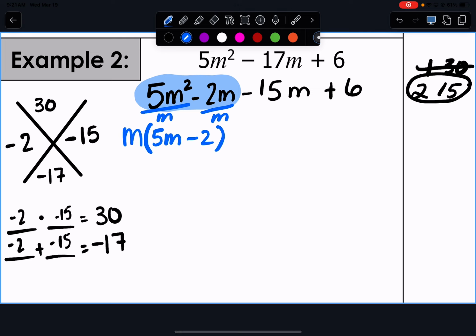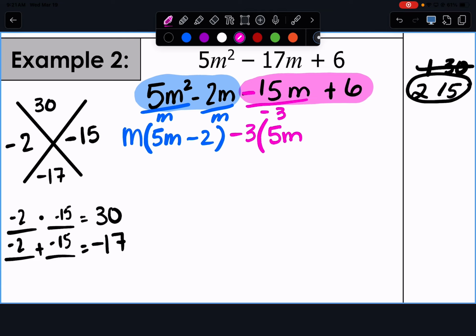For the second half, we have negative 15m plus 6. What is our GCF? Not just 3, but we need to take out a negative. If we have a negative in front, we factor out a negative with it. So we would take out a negative 3. What is negative 15m divided by negative 3? That's positive 5m. What is 6 divided by negative 3?